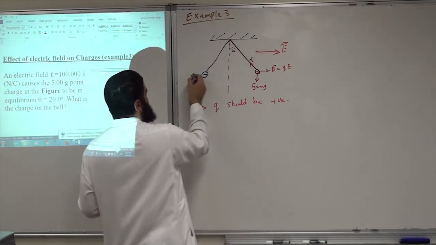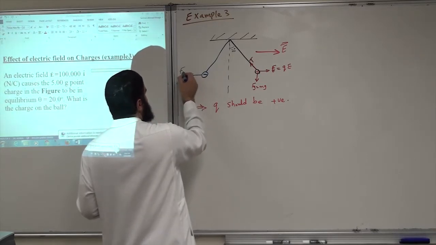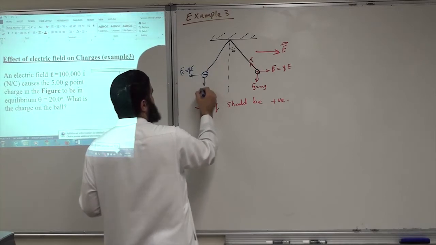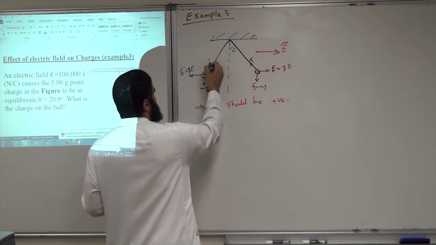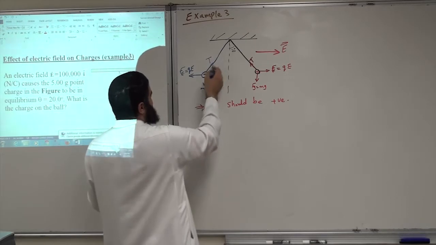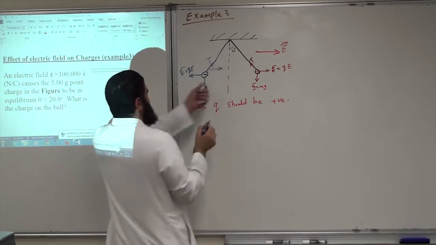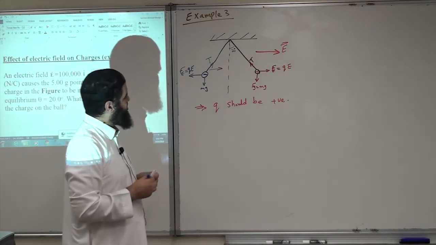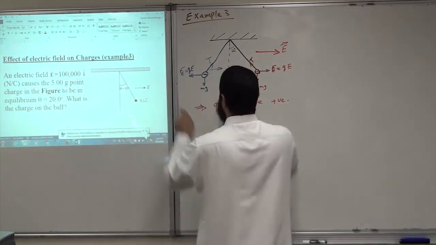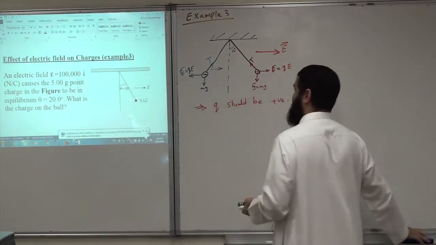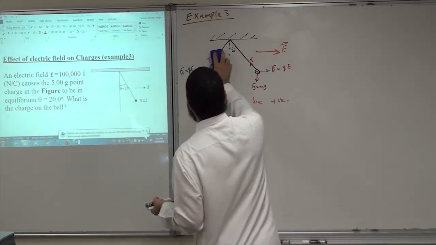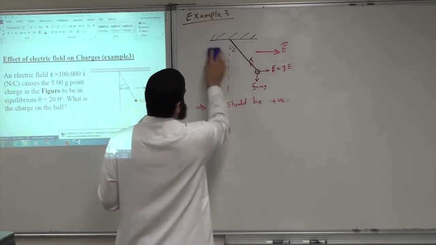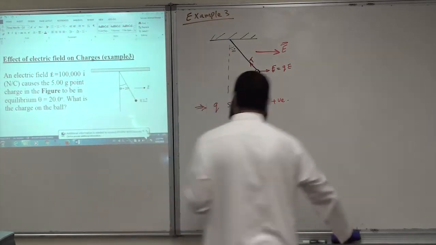The electric force will be in this direction, so this will be F electric QE, and here we'll have mg, and there we'll have the tension, because the electric field is to the right and the particle is being affected by electric force which is to the left, so in that case it will be negative. But this is not our case now. I was just trying to explain another situation and to expand your knowledge.